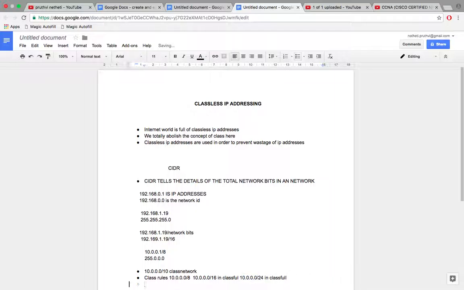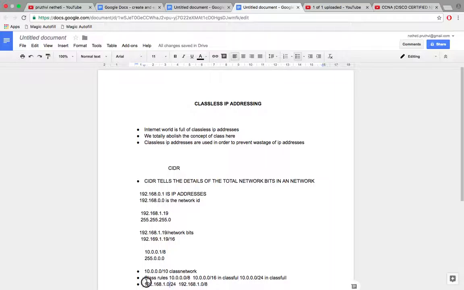I'll take another example. Let's write 192.168.1.0/24 and 192.168.1.0/8. As per the class rules, we remember that 192.168.1.0 is a Class C IP address, and a Class C IP address has a subnet mask of 255.255.255.0, which is 8 plus 8 plus 8, 24 bits.